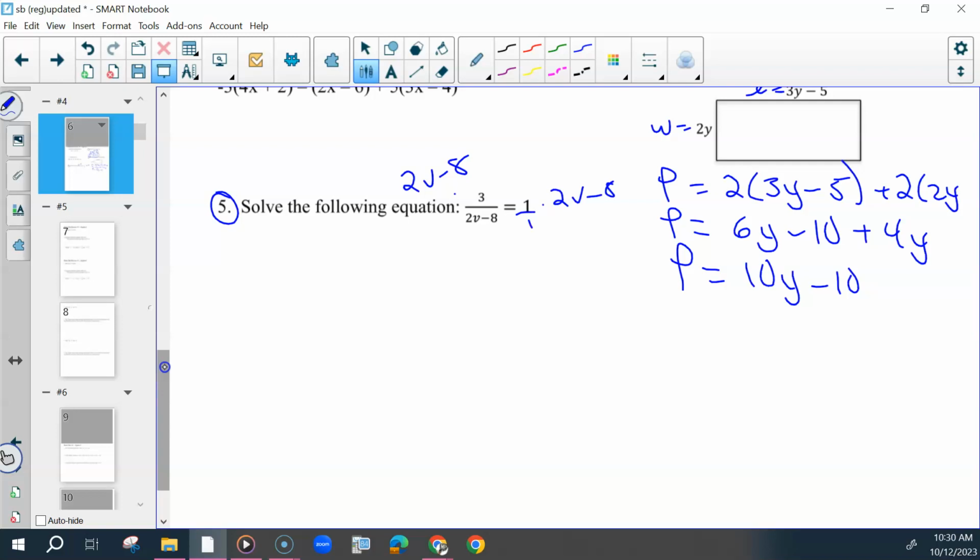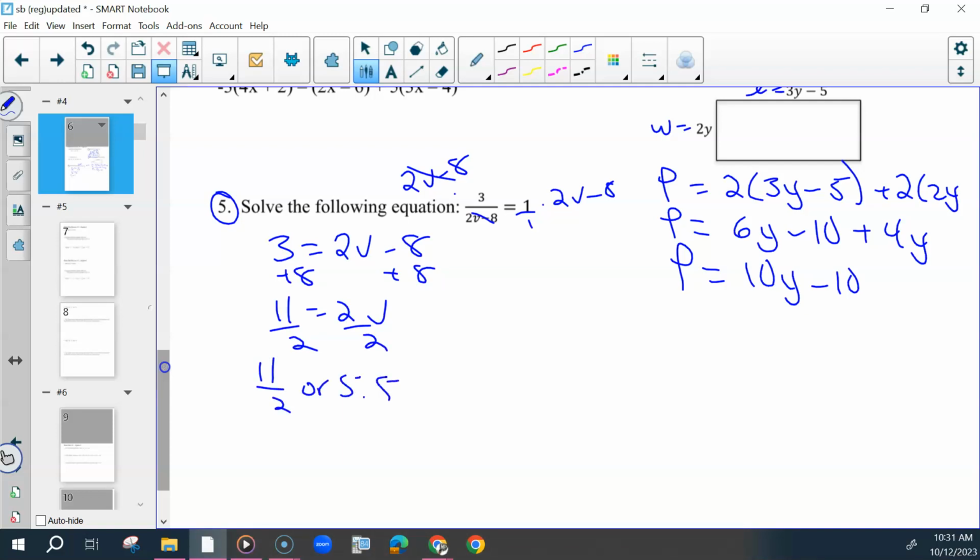So you can either multiply on both sides or cross multiply, so that this would cancel, leaving 3 equals, this would just become 2b minus 8. And then you can solve like normal, add 8 to both sides, and divide both sides by 2. We still got the same answer. So 11/2 or 5.5 should be your answer.